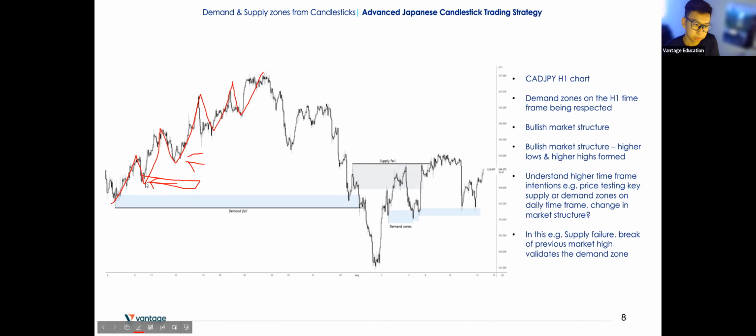These are all new demand zones on the lower time frame, right? And then this was the initial demand zone that was created. So how do we actually determine these points here? We can use the Fibonacci retracements.